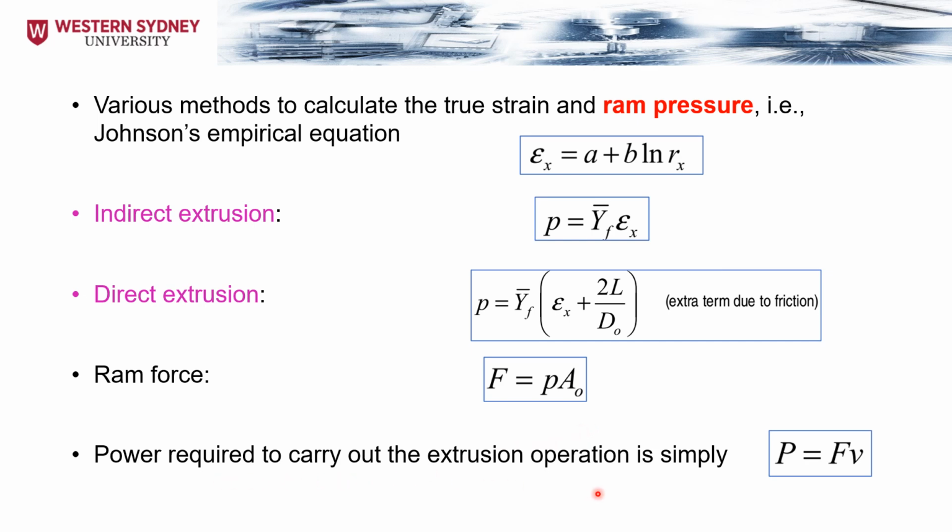The power required to carry out the extrusion operation is simply given by the force multiplied by the velocity of the ram, which gives you the power in watts.